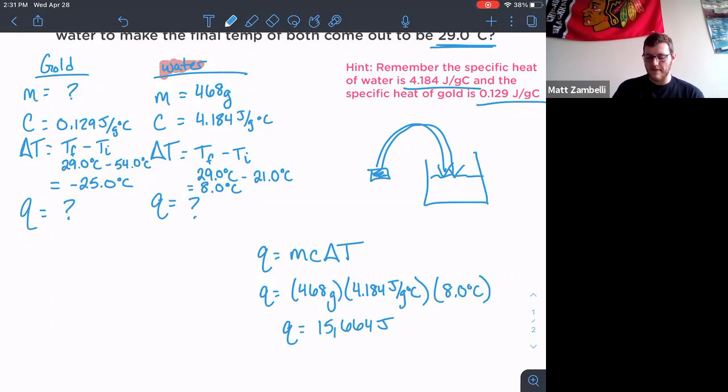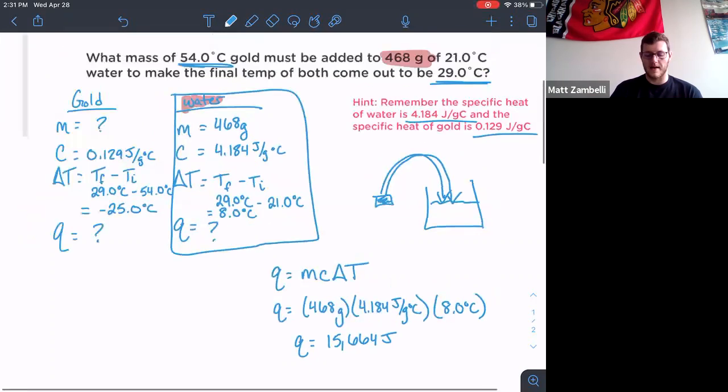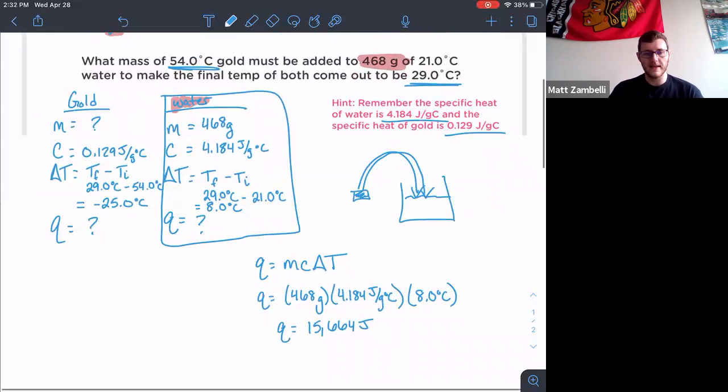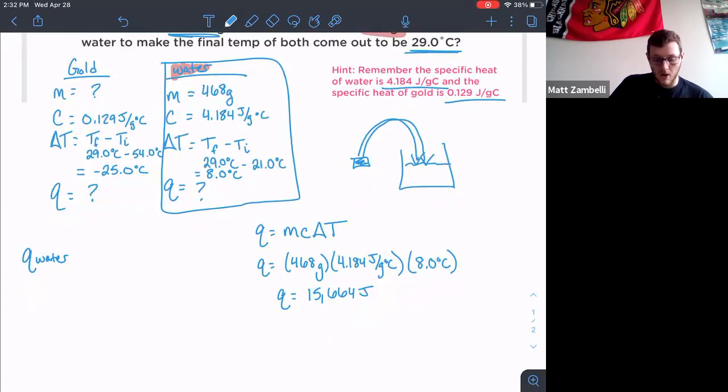All right, so we have everything on our water side done, but we're still missing 2 variables on our gold side. Okay, this is where things get a little bit trickier. Remember that when we place the gold in the water, the amount of energy that water gains, so water is gaining this much energy or this much heat, the gold has to lose that same amount.